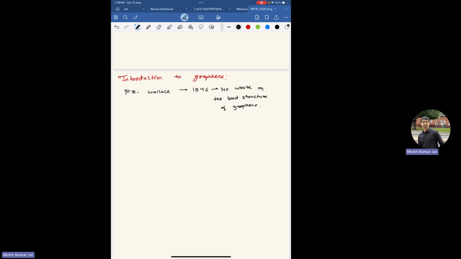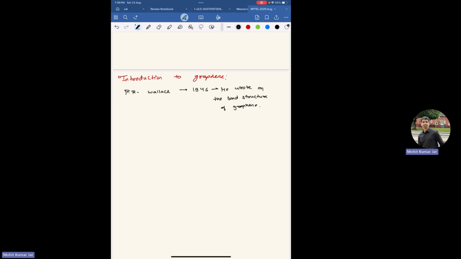At that time, the thought of a purely 2D structure was not reality, and Wallace's studies of graphene served as a starting point to study graphite, an important material used for nuclear reactors in World War II. That's how the study of this carbon-based system started.